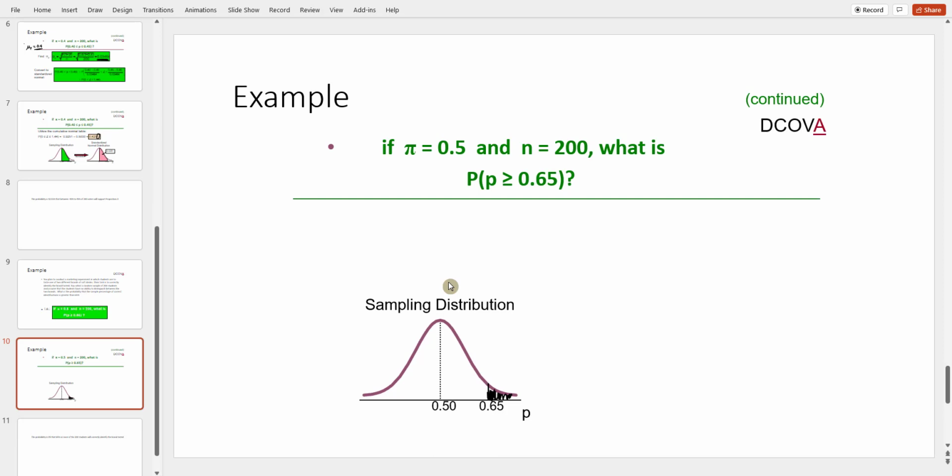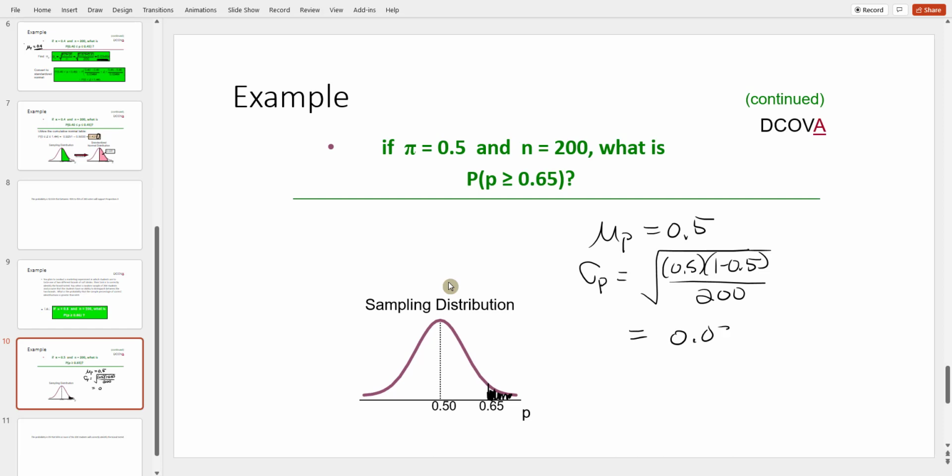We know that the mean is 0.5. We need to figure out our standard deviation, which will be 0.5 times 1 minus 0.5 divided by 200, and we take the square root of that. We get 0.0354.